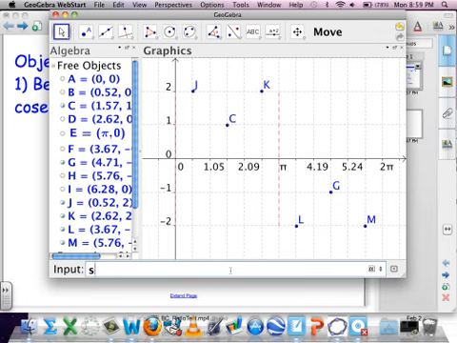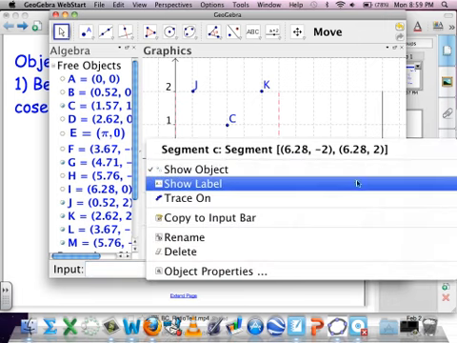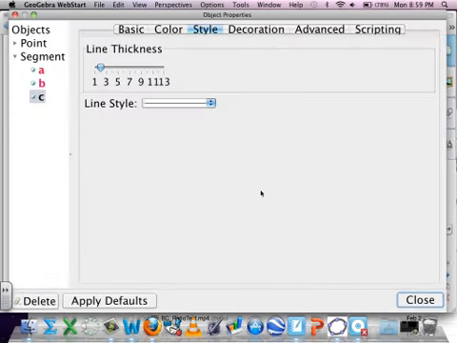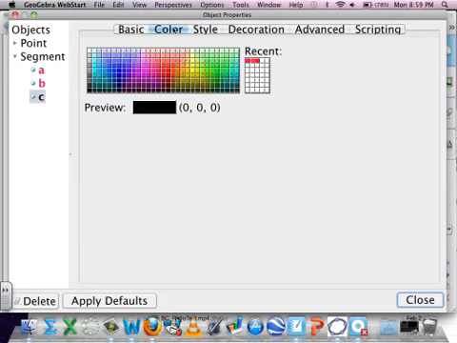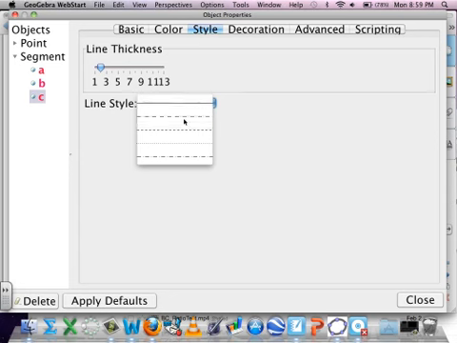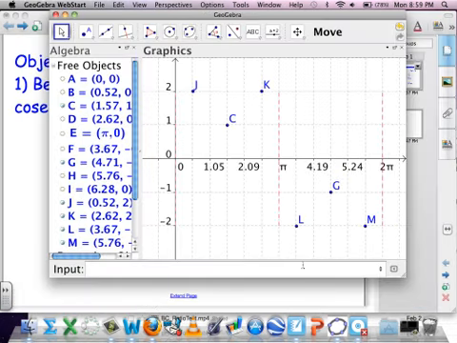Let me make another segment here, from (2 pi, negative 2) to (2 pi, 2). You just draw in the asymptote there. Properties, color red, style dotted.